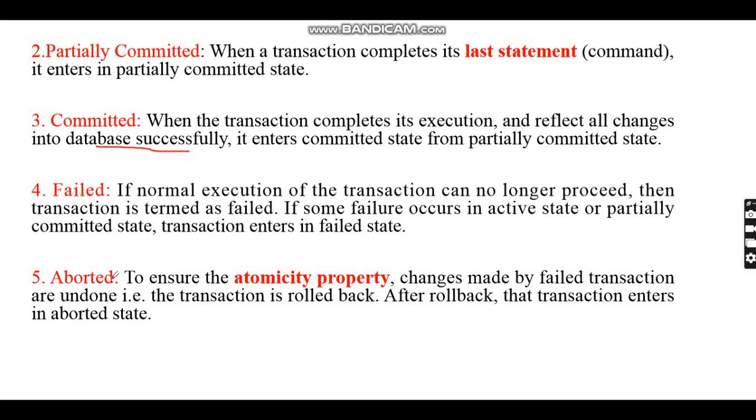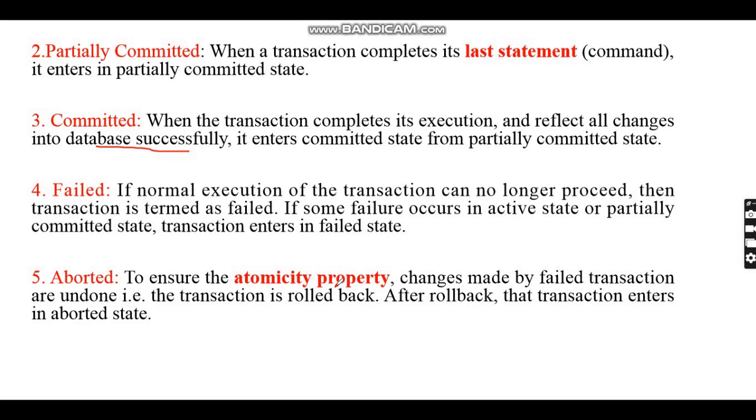Next is aborted. To ensure the atomicity property, changes made by failed transactions are undone, that is, the transaction is rolled back. After rollback, the transaction enters the aborted state. So once the transaction has failed, to ensure atomicity, whatever changes were made by the failed transaction need to be undone.